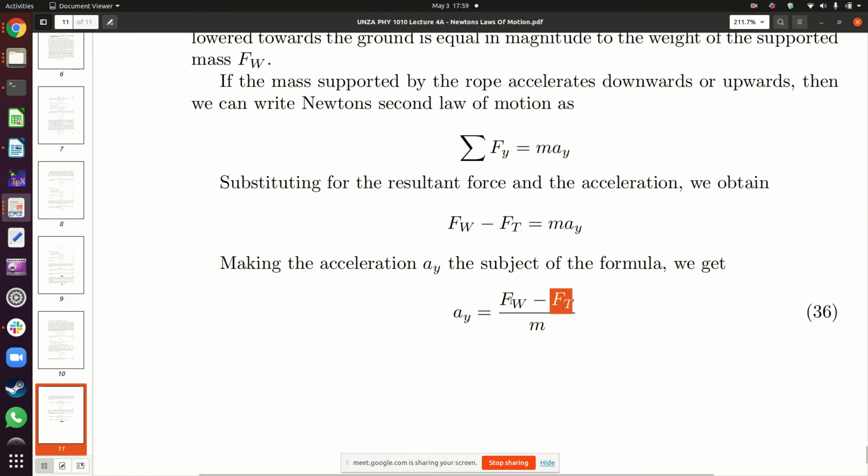So these two have to be different. The weight has to be greater, especially if something is being lowered, it's going down, and it's moving fast. Otherwise, if those things are equal, then you will not have acceleration. So what you end up having is you'll be moving at constant velocity. Are we clear?